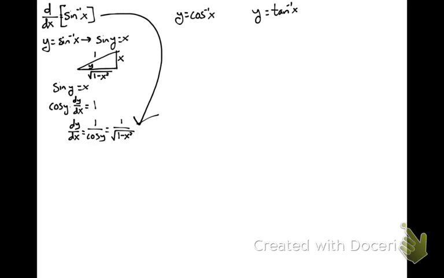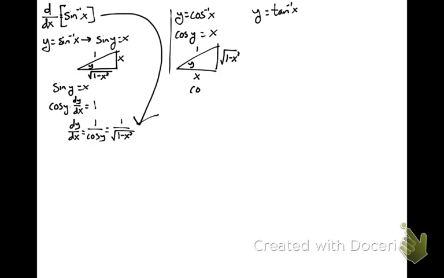Now, if you're checking your work, the derivative of y equals the inverse cosine of x. Well, what we do know is that the cosine of y has to equal x. So a picture of that means that if my angle is y, then the cosine is the adjacent over the hypotenuse. And if I solve for the opposite side, I'm going to end up with the square root of 1 minus x squared again.